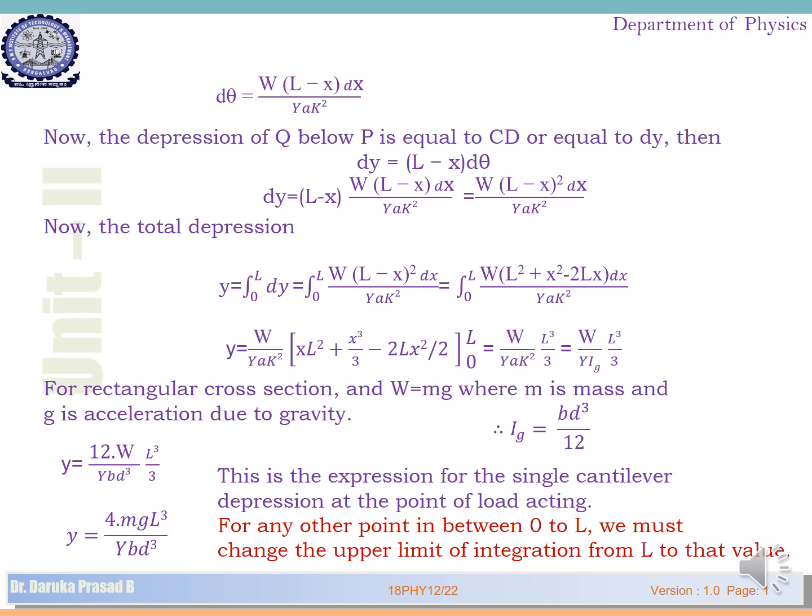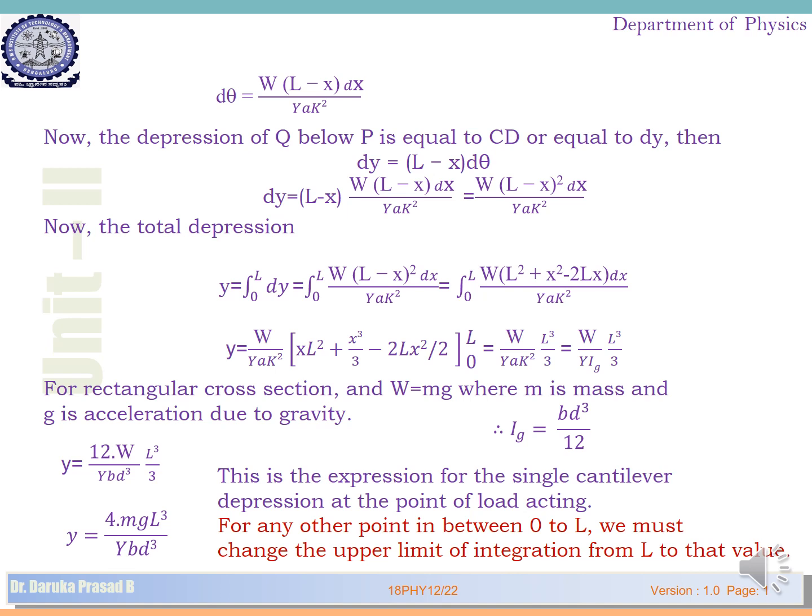For a rectangular cross section, you can write the Ig value as bd cubed by 12, as you have seen in the previous derivation, and you can write the weight W as mass into acceleration due to gravity, so W equal to mg.